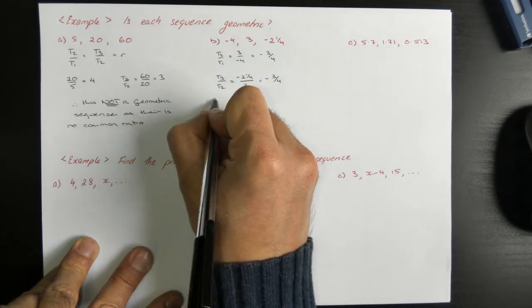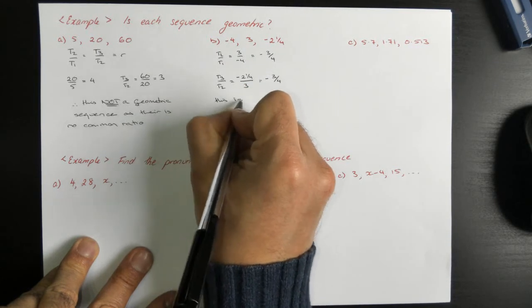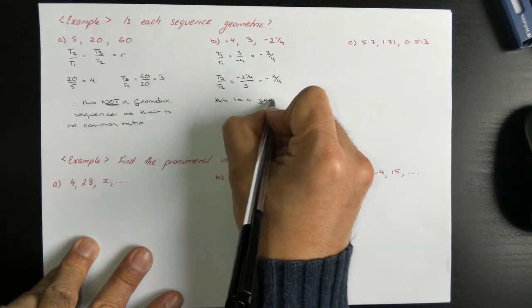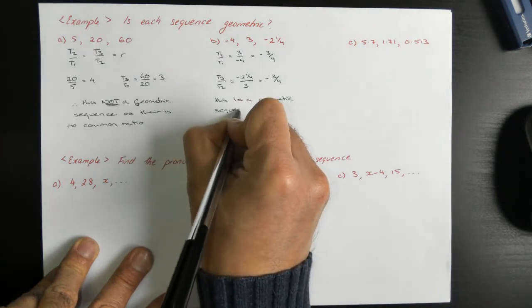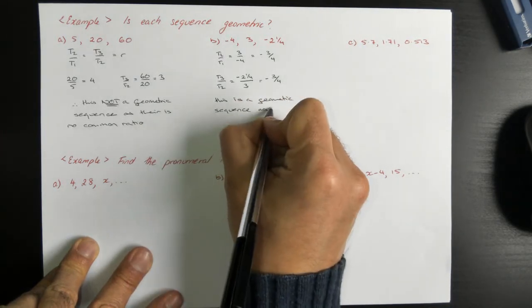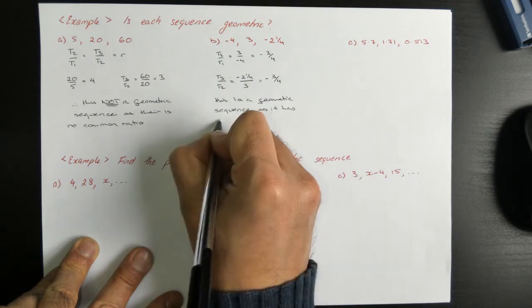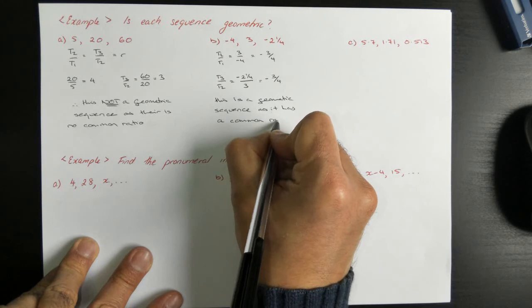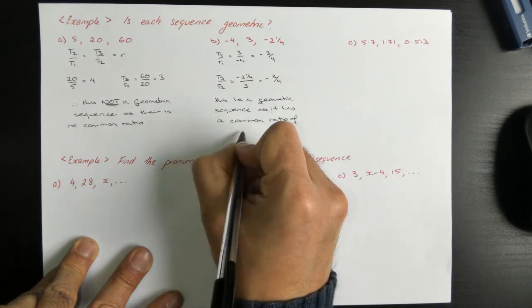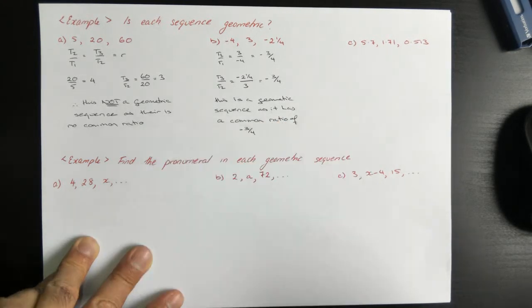So this is a geometric sequence, as it has a common ratio of negative 3/4.